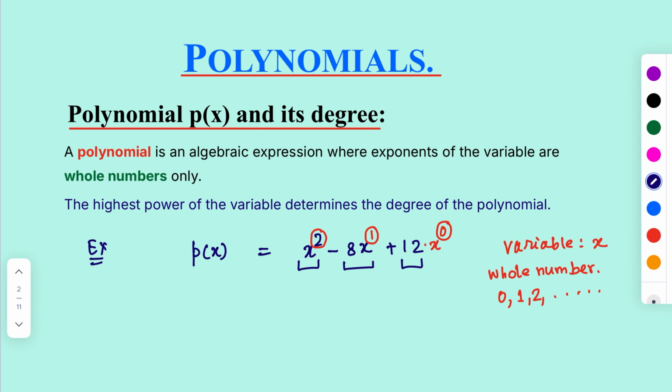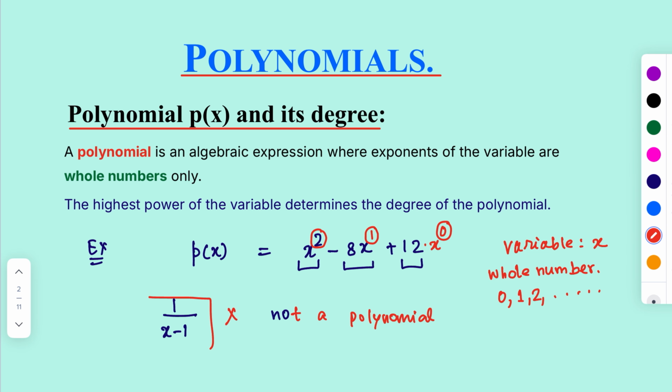And in class 9 we have studied that if we have 1/(x minus 1), it will not be a polynomial. Why?